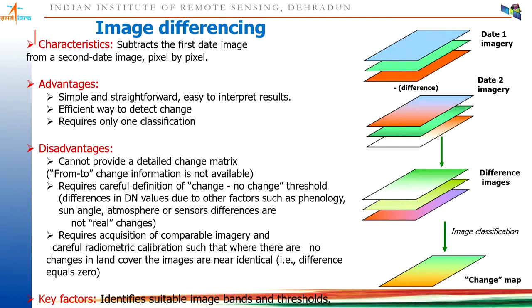The advantage is that it is very simple, straightforward, and easy to interpret. It is also a very efficient way to detect change. Now, in case of disasters where we don't have time to do post classification or pre classification, because the disaster response time is very, very critical, you have to find out where the change area is, where the problem area is, and give the information immediately so that people can act accordingly.